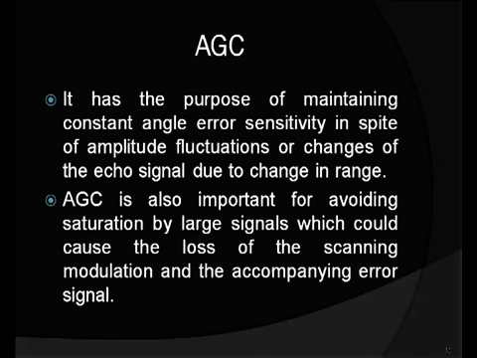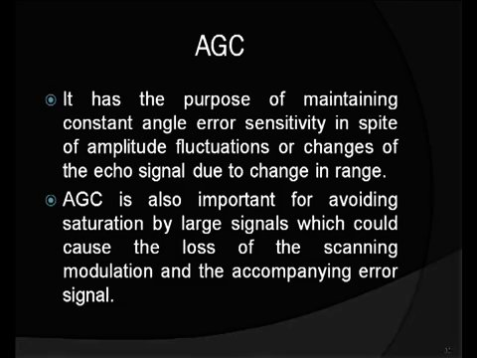It has the purpose of maintaining constant angle error sensitivity in spite of amplitude fluctuations or changes of the echo signal due to change in range. That means the output of the AGC is going to be a constant signal even though there are variations in the input.